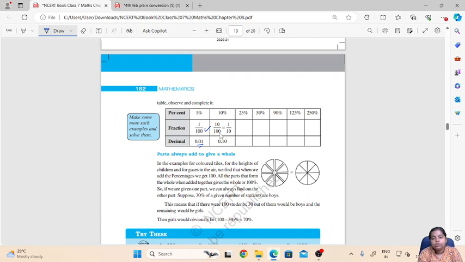In the decimal form we'll get 0.10. If it is 25, then it will be 25 by 100, which is equal to 0.25 in decimal form. 50 divided by 100 will be 0.50. Like this you have to do.